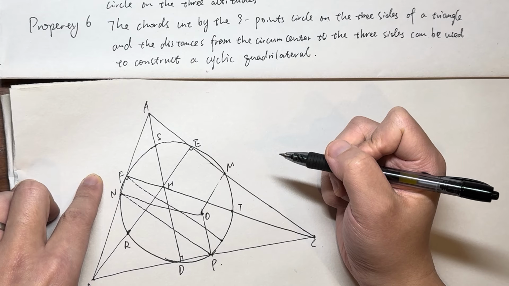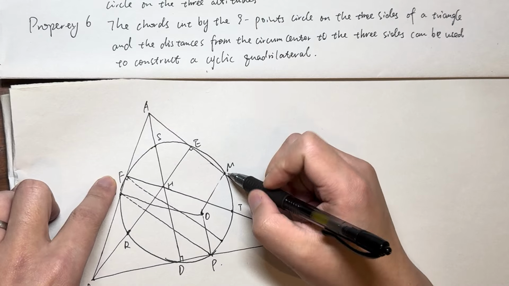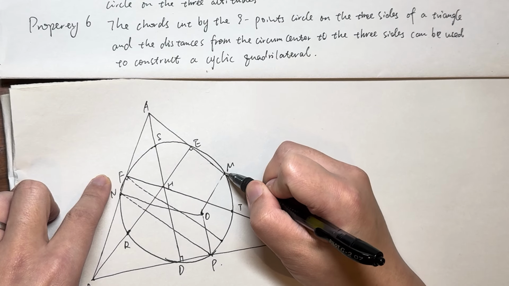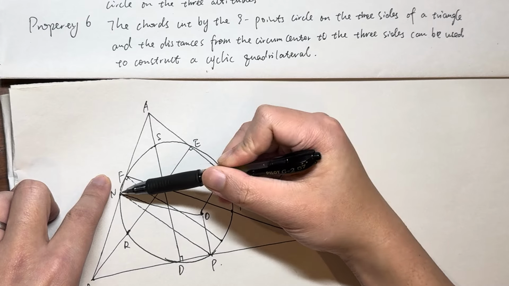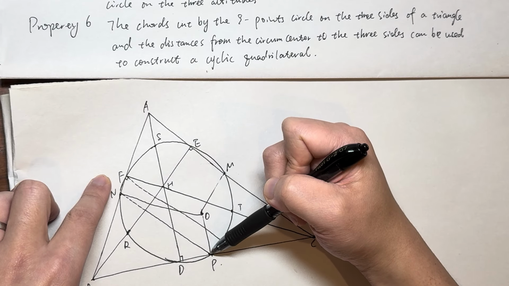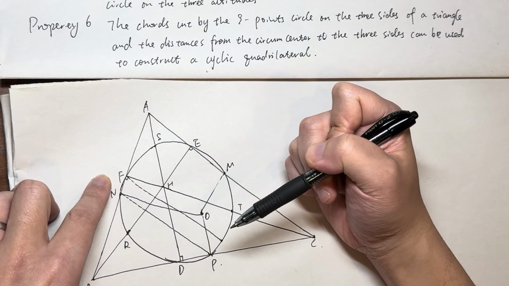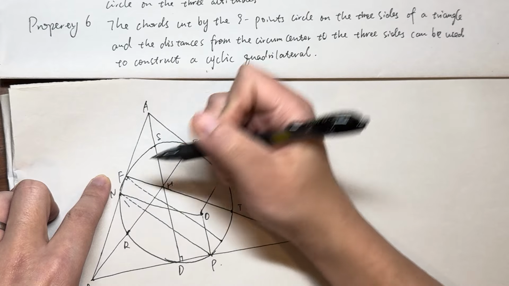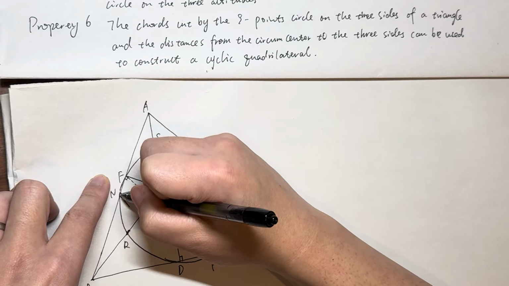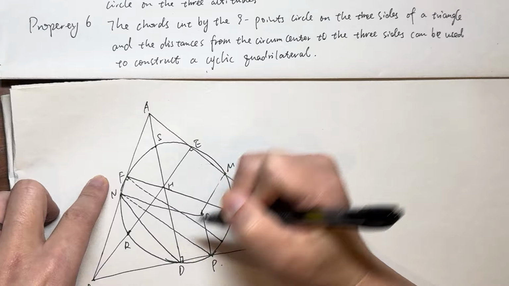Wait, did I draw the wrong line? Yeah, so let's try. Connect to P here. No, N connected to, wait, no. Yeah, N connected to D here, right?